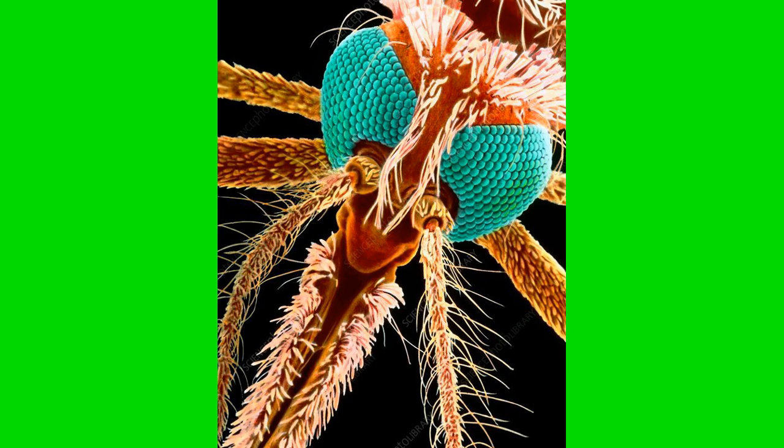Number 4, important vector-borne diseases with focus on A. Mosquito-borne diseases such as malaria, Zika, yellow fever, chikungunya, and dengue. B. Fly-borne diseases such as onchocerciasis and sleeping sickness. C. Tick-borne diseases such as Lyme disease and rickettsial infections. D. Flea-borne diseases such as plague. And E. Mite-borne diseases such as scrub typhus.